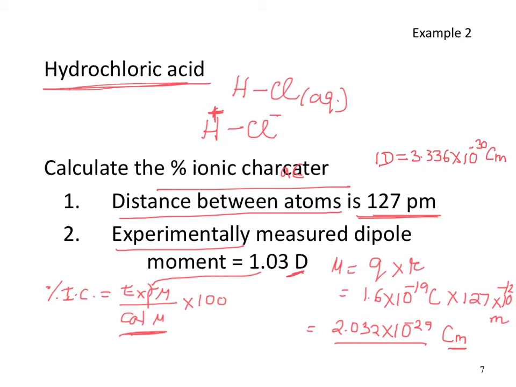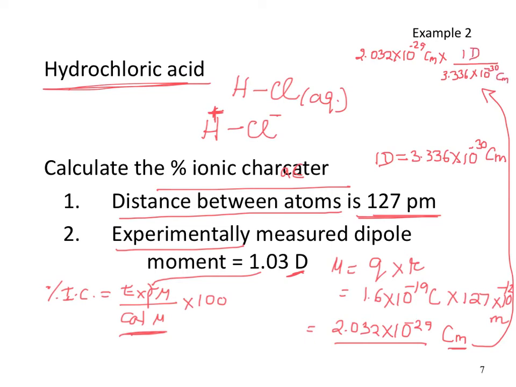So now I would need to divide the number that I have got by the value that we just wrote for the dBi. Let's make room somewhere. So I'm just moving it up over here. 2.032 times 10 to the negative 29 coulomb meters. I'm writing the whole nine yards so you can see for yourself how you can use the dimensional analysis method in case you forgot about it from General Chemistry 1.